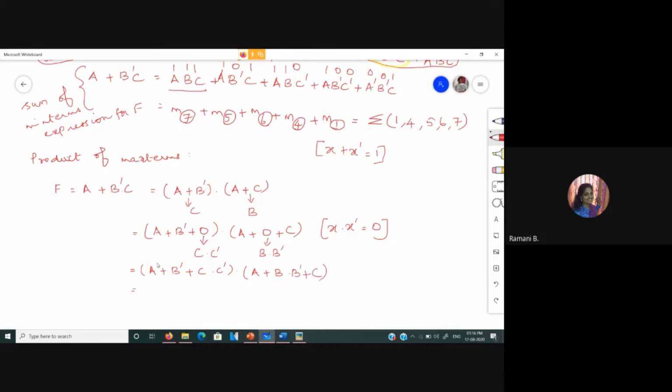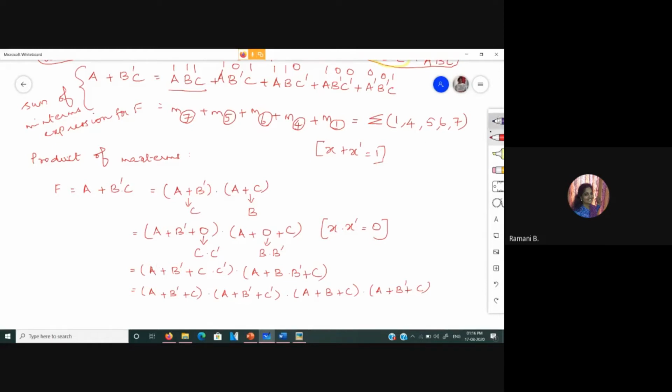Applying the distributive law, you will have a plus b bar plus c dot a plus b bar plus c bar dot a plus b plus c dot a plus b bar plus c.